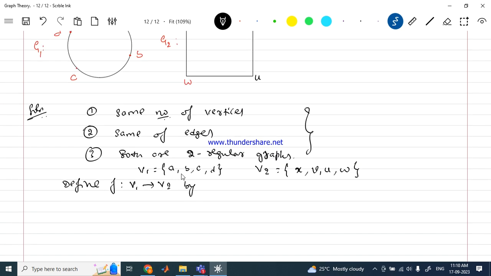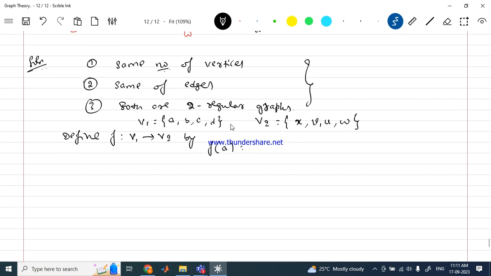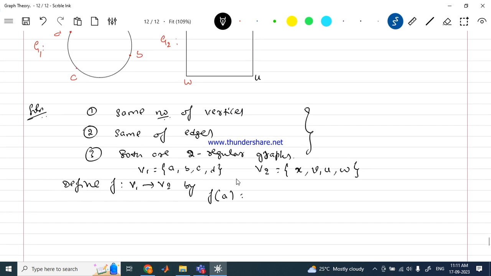So f is a function from V1 to V2. If the number of vertices are the same, we can easily define it by f of A is equal to X.